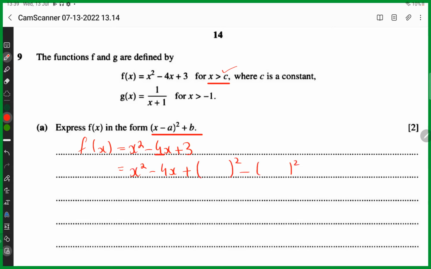So the coefficient of x is 4. What is half of 4? It's 2. So I'll be adding 2 square, I'll be subtracting 2 square, and then I'll be writing down plus 4 as it is. Okay, so I'm pretty sure by now you guys would be knowing why we are adding and subtracting, because this is maths. We need to balance things.